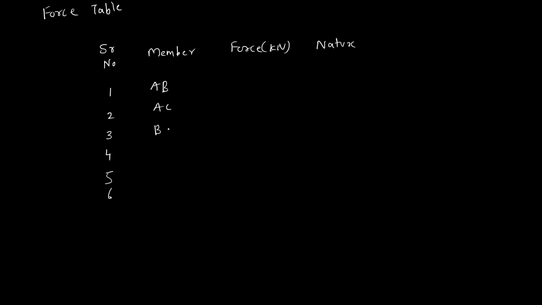So force table: serial number, member, force in kilonewton and the nature. So total number of members are 6: AB, AC, BC, BE, CD and CE.